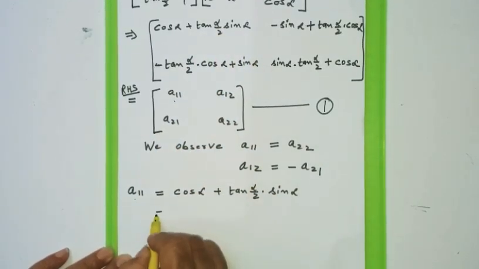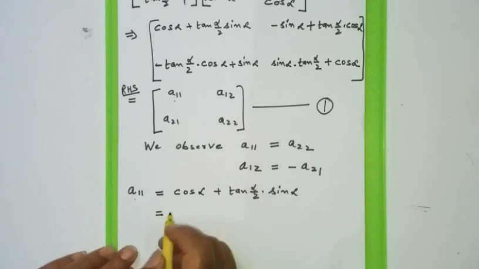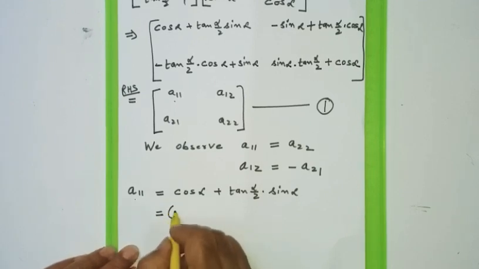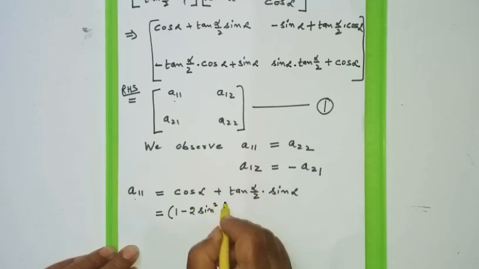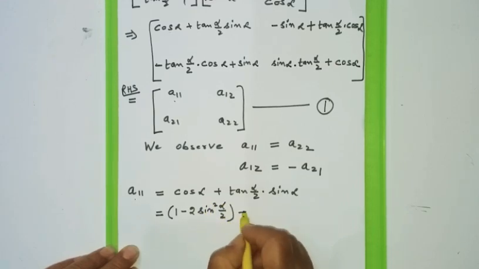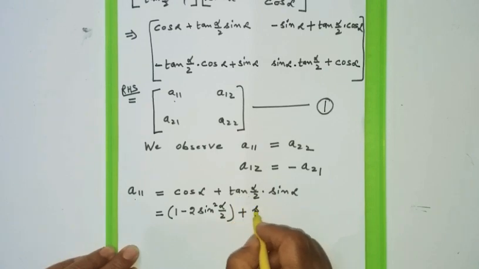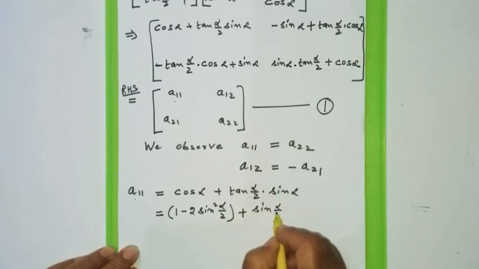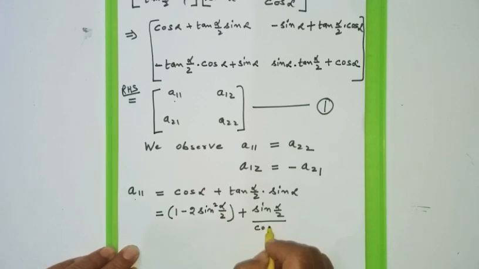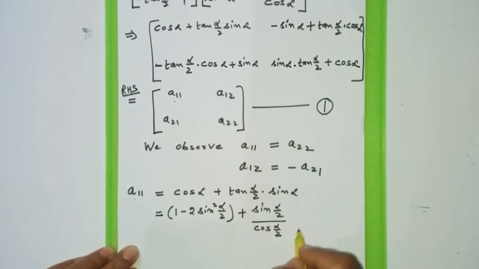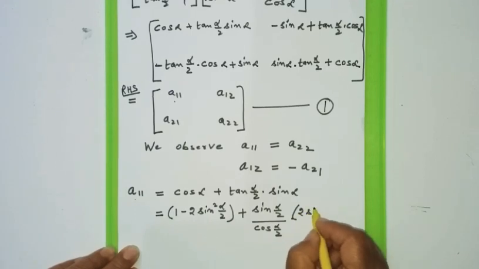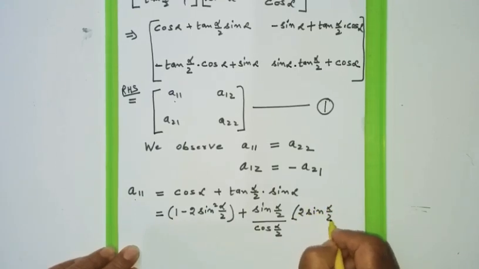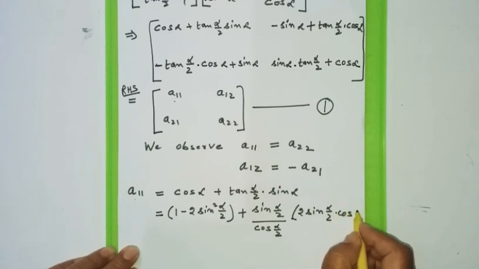So I know the half angle formulas, which we have studied in class 11th. Cos alpha can be written as 1 minus 2 sin square alpha by 2, plus tan alpha by 2 can be written as sin alpha by 2 upon cos alpha by 2, and sin alpha can be written as 2 sin alpha by 2 into cos alpha by 2.